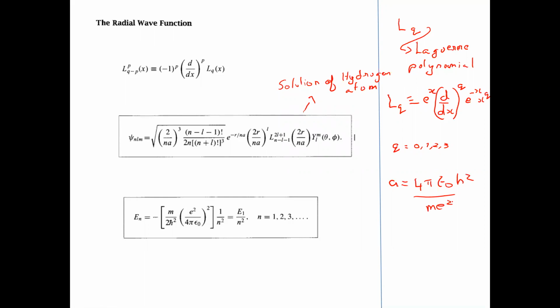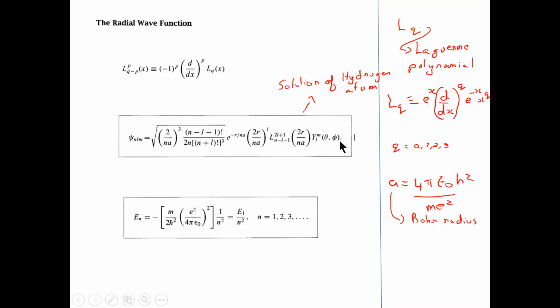So this quantity a is called the Bohr radius.